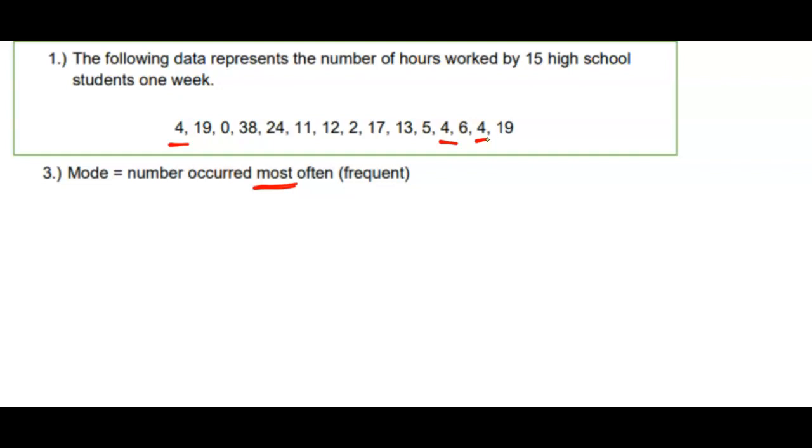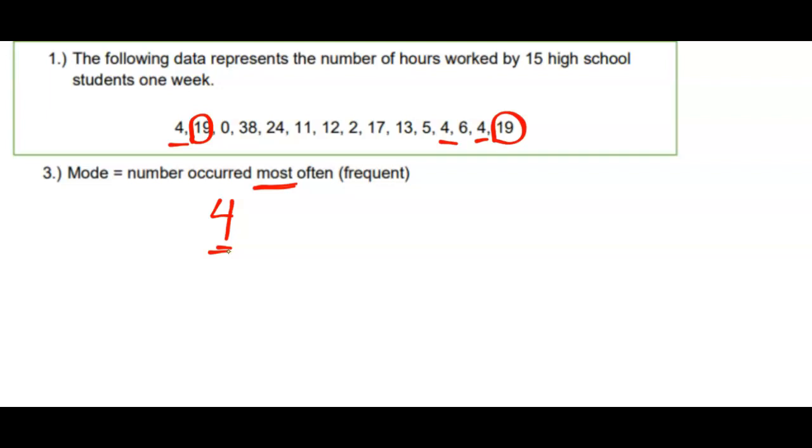I think it was 19. So 19 is listed, but it's listed only twice, okay? If it was listed a 3rd time, then both 4 and 19 would be my mode, but 4 is my mode because it's the only number that's been listed multiple times.